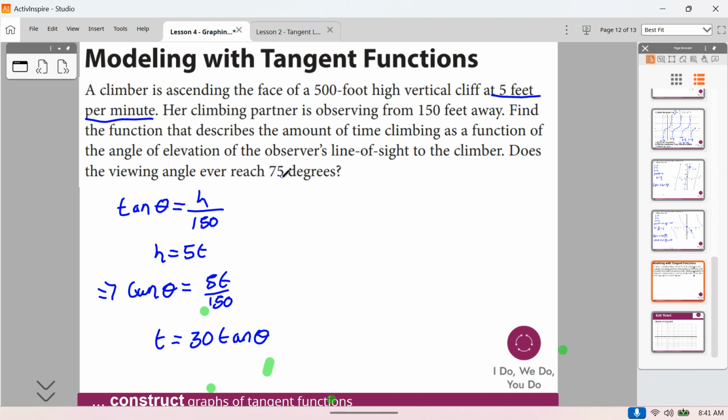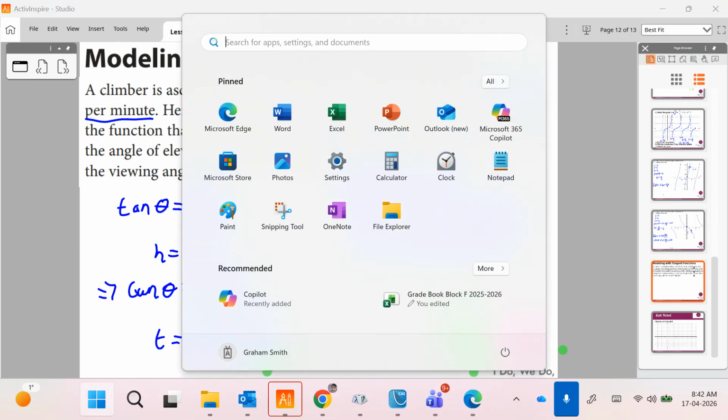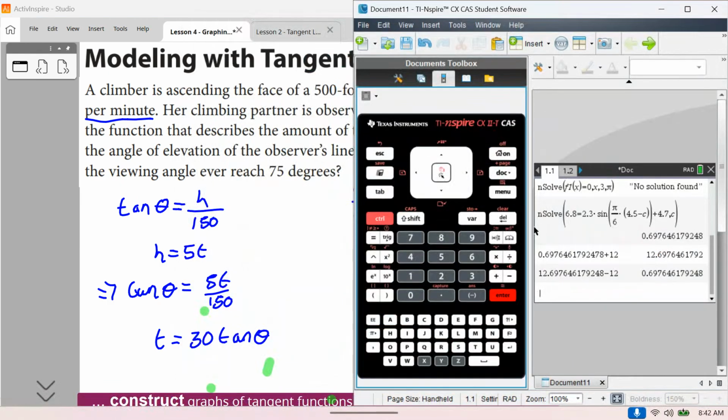Does the viewing angle ever reach 75 degrees? Well, the maximum height is 500. So we could put it in up here. We have 500 over 150 is the maximum. So we could find the maximum as the arctan of 500 over 150. Let's use my calculator for that.